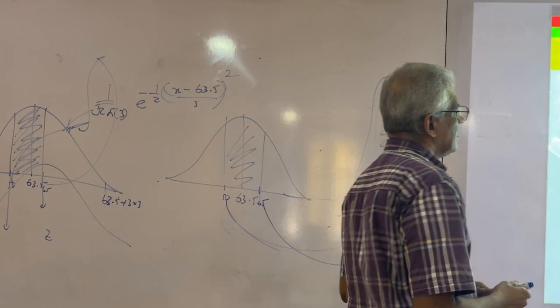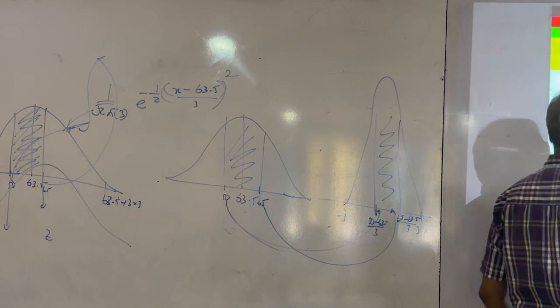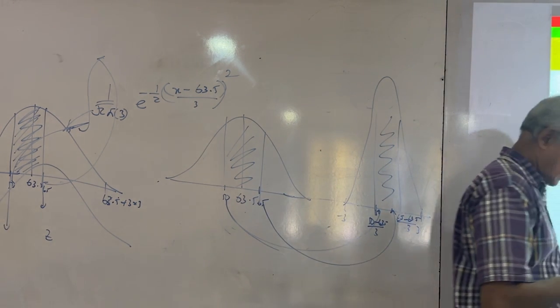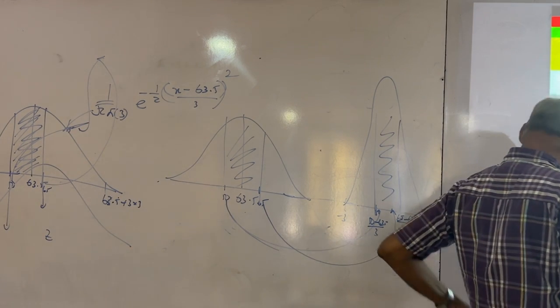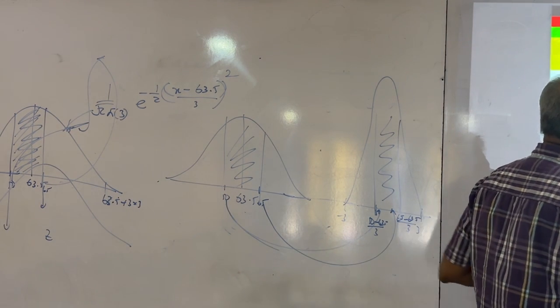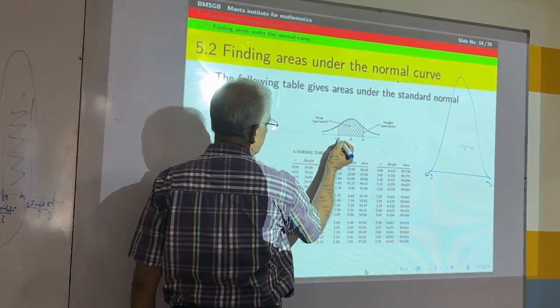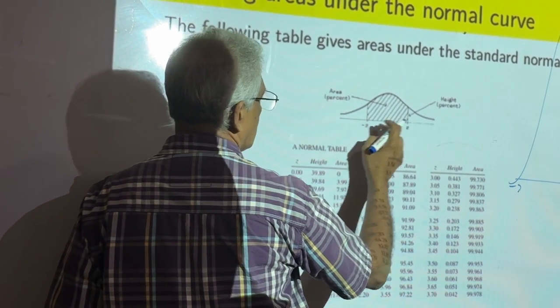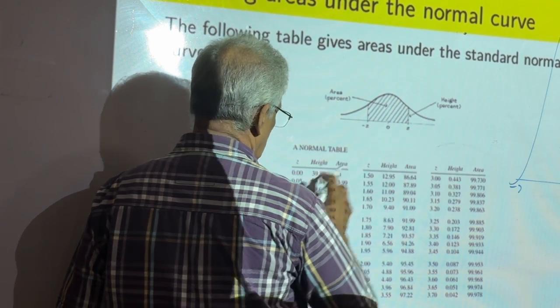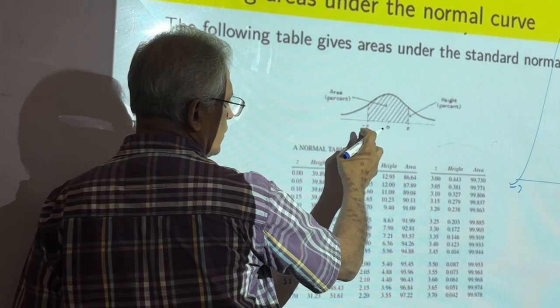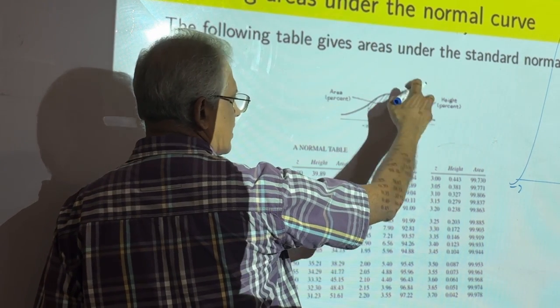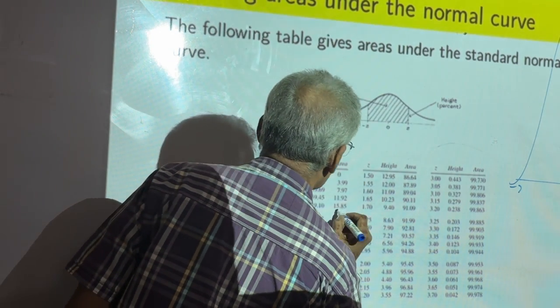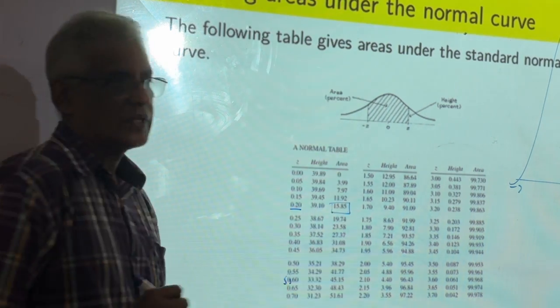For example, if you consider the standard normal distribution, the area between, say for example, negative 0.2 and positive 0.2, if you take Z to be 0.2, this will be here negative 0.2 and this will be positive 0.2. So the area between negative 0.2 and positive 0.2 under the standard normal curve will be equal to this value here as a percentage.